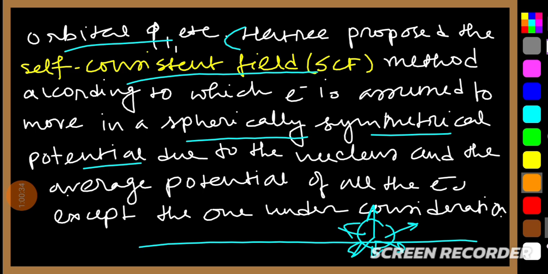Okay, so Hartree proposed the self-consistent field, that is SCF method, according to which an electron is assumed to move in a spherical symmetrical potential due to the nucleus and the average potential of all the electrons except the one under consideration. তো যে ইলেকট্রনটাকে তুমি কনসিডার করবে সেটার ক্ষেত্রে তোমাকে তো পর্যালোচনা করতে হবে, সেটা বাদ দিয়ে, দ্যাট ইজ হুইচ ওয়ান ইলেকট্রন ইউ হ্যাভ টু চুজ, because this you have to find out.